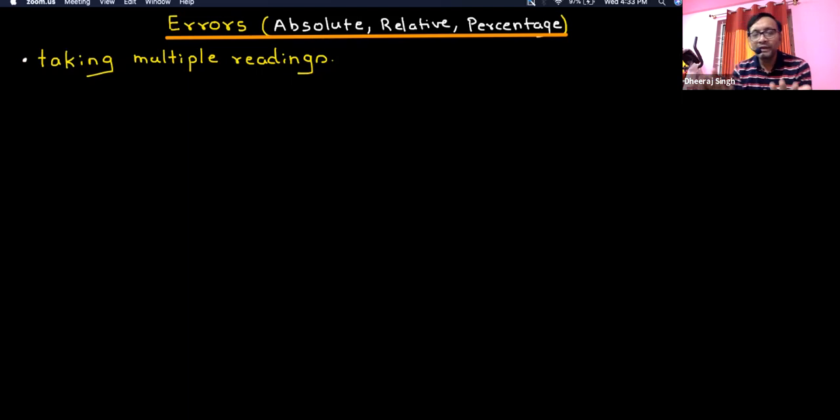For example, I'm measuring the mass of a stone. If someone asks me what is the error in your measurement of the mass of the stone, I do not even know the true value of the mass of the stone. With what will I compare my reading to tell you the error?